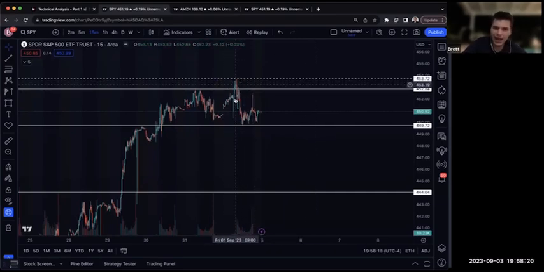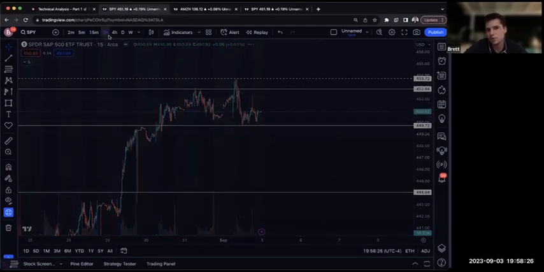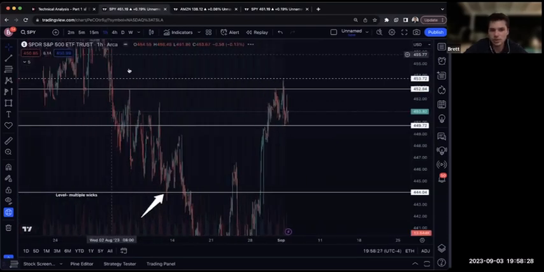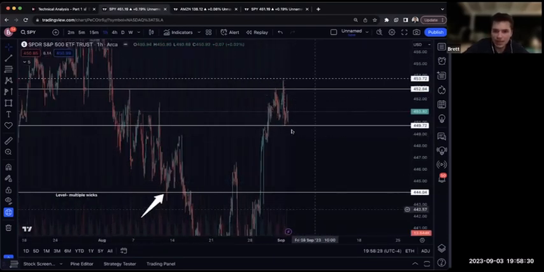But really no other adjustments are required. Sometimes there's no need to make any adjustments because it just maintained its range. So you keep your levels exactly the way they are because the support is still intact and the resistance is still intact.